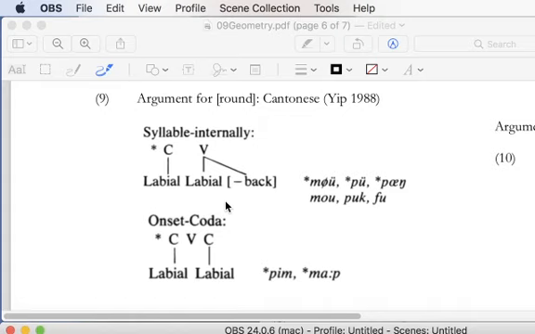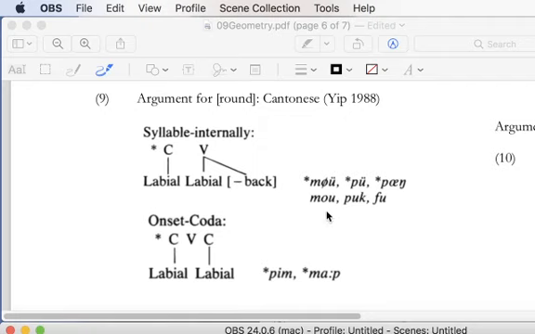And so Cantonese has both back-rounded vowels like English, like o and u, as well as front-rounded vowels like ö and ü. So this umlaut one is standing in for the IPA character y, the ü, high front rounded vowel. And Cantonese has these vowels, but they're not allowed to appear following a labial consonant within a syllable.